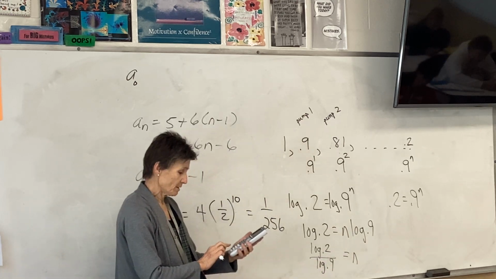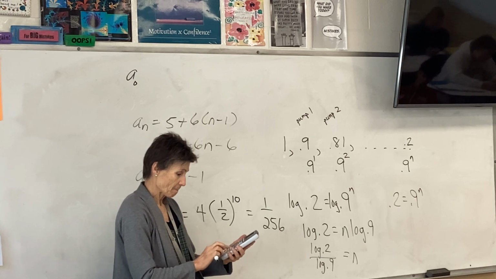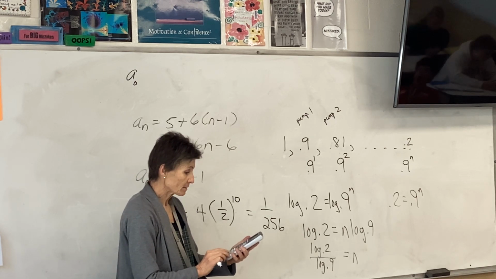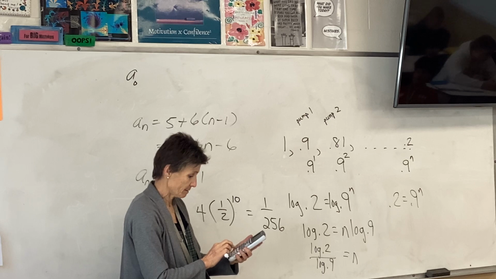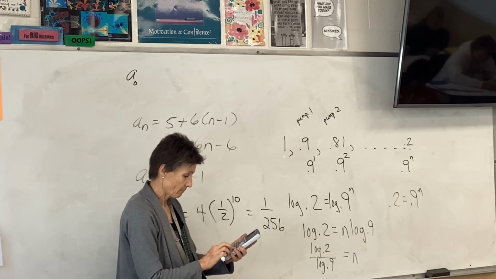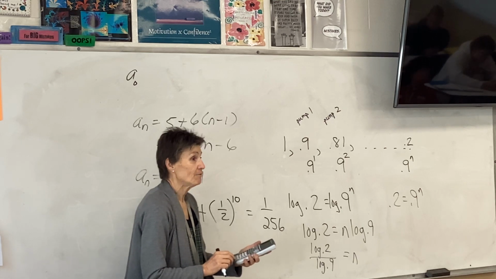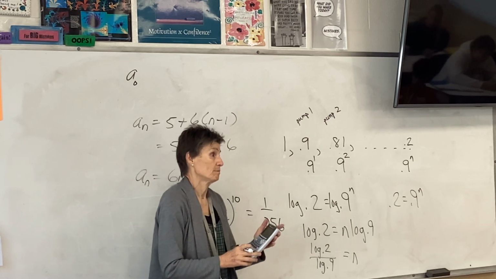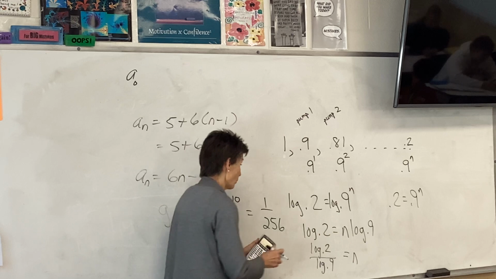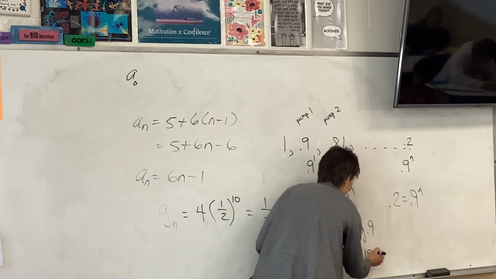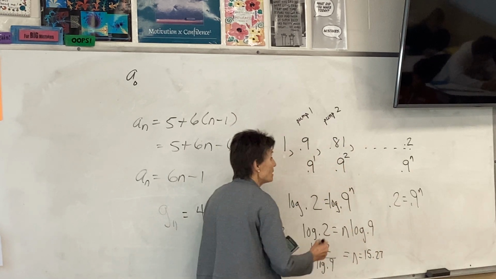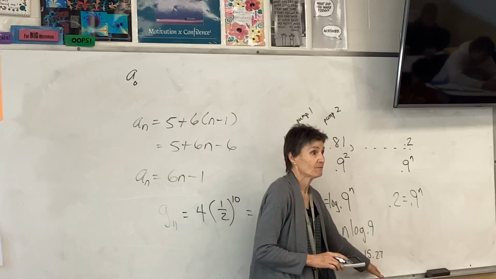So when I do the division, since that's less time than graphing it, I get 15.27. This equals 15.27. Those of you that are graphing it, you should be getting something close to 15.27.